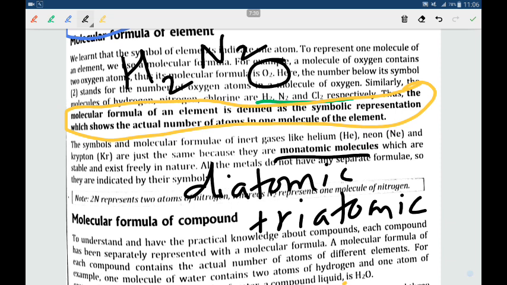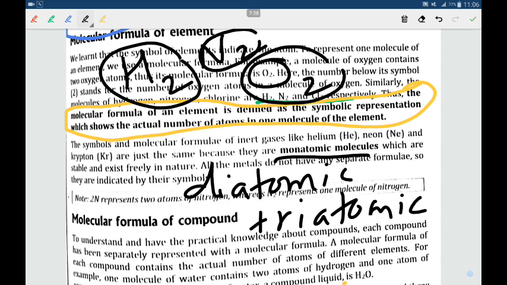If it contains two atoms like H2, O2, that is diatomic, 2 is there, no? And students, what does triatomic mean? It means there are 3 atoms, O3. Do you know what is the name of O3? Not oxygen, it is ozone, O-Z-O-N-E, ozone.